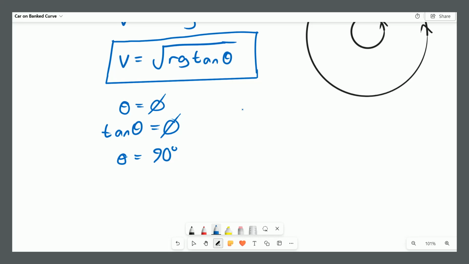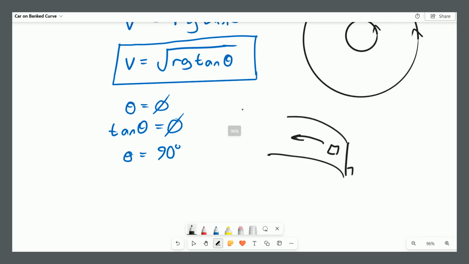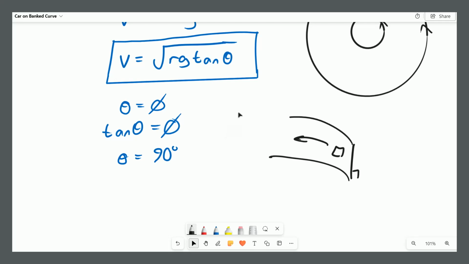Now, what if we have theta equals 90 degrees? Well, if the incline of your curve is 90 degrees, then you just have a wall, and your car is just driving along that vertical surface. And in that situation, you can drive as fast as you want. As long as that wall doesn't break, you're not going to move through it. And what do we have?